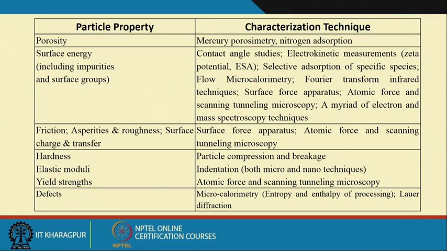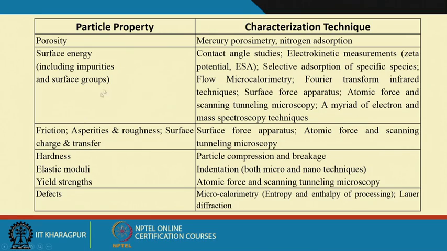Suppose I am transporting particles in a fluid medium, if the material is highly porous, the fluid can get inside the particles and then alter their physical properties by changing the density and like that. I am just giving an example.